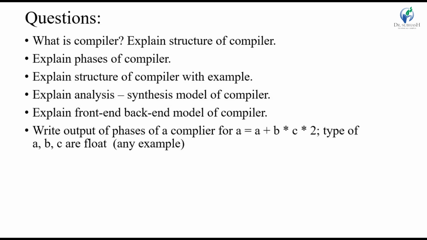For a, it's identifier 1 because both are the same, so the identifiers are the same. Then plus is the addition sign, then b is identifier 2, then the multiplication sign. For c, it's identifier 3, next the multiplication sign, then number 2. So these types of examples or questions are asked in your exam.